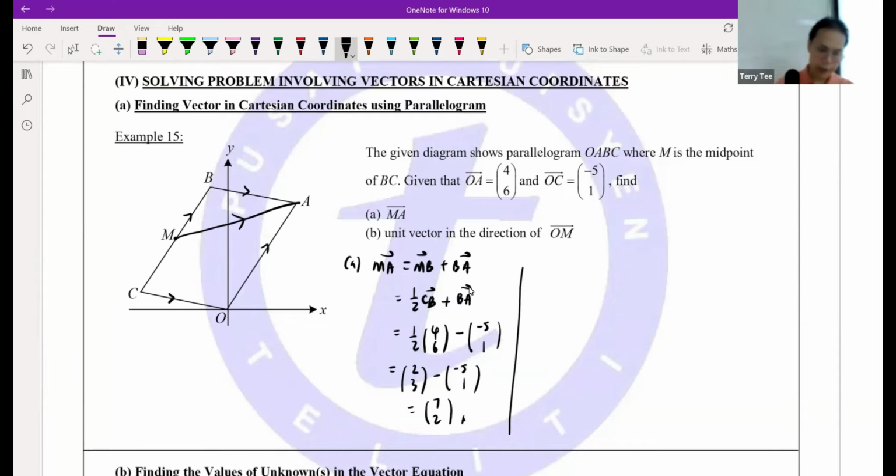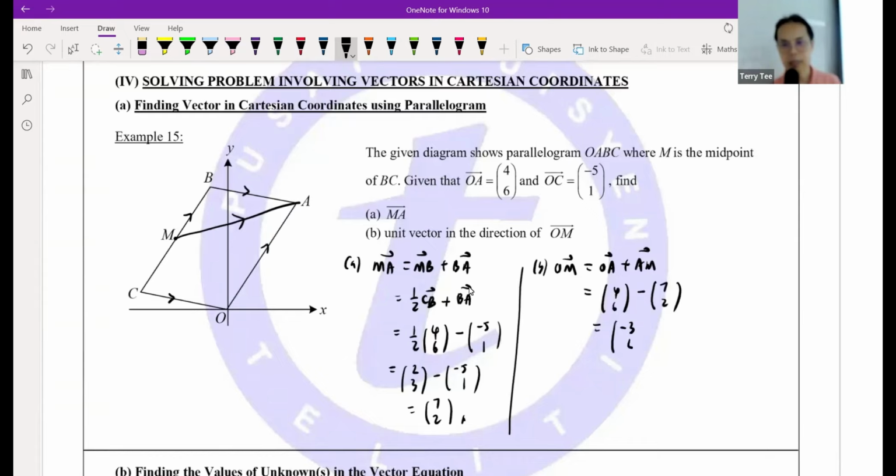Okay, to find the unit vector of OM, we need to go from O to C, C to M, or you can use the result. When I say use the result, it means I go O to A to M, because I already know the result from part A. My OA is still (4, 6). My AM is the negative of MA, in this case (-3, 4).